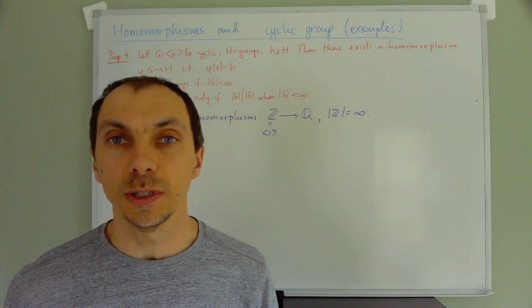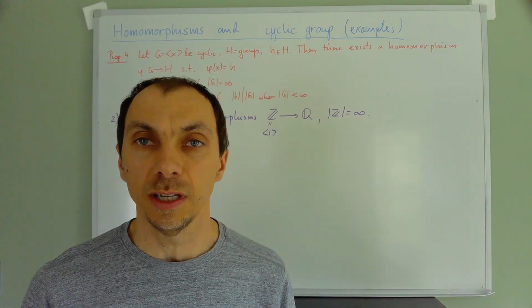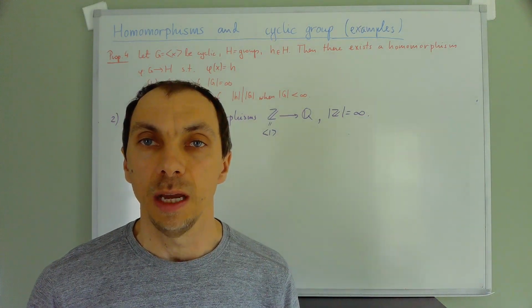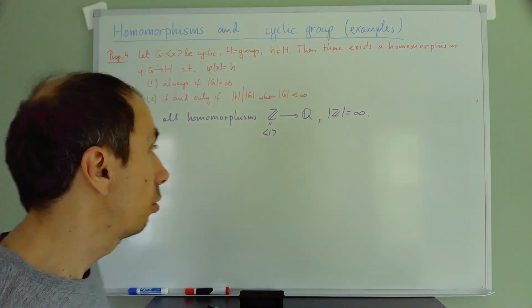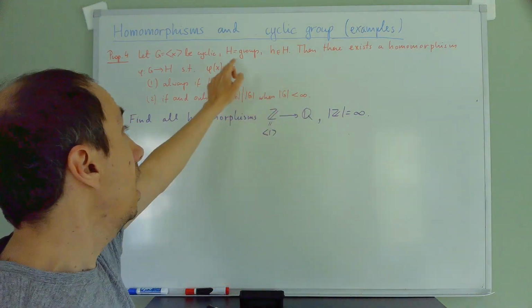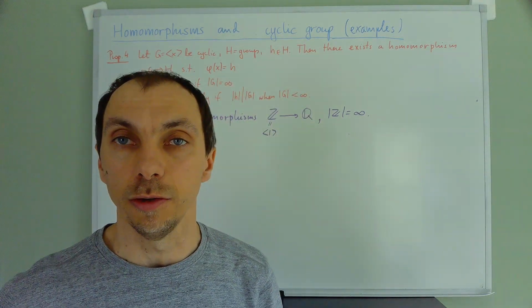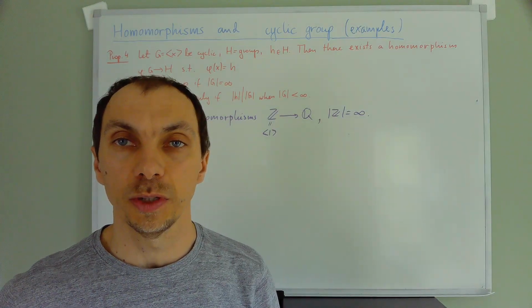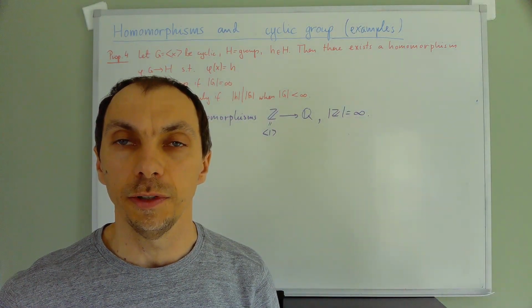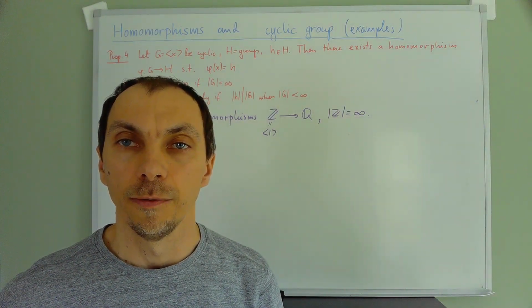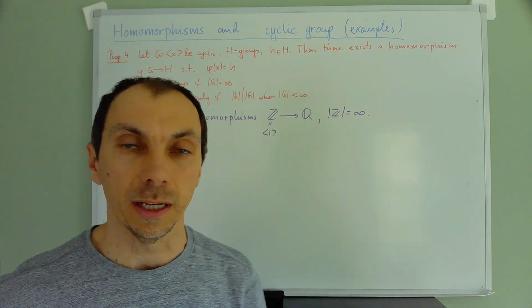So such a homomorphism always exists. When I say such a homomorphism, I mean a homomorphism that takes a generator of Z, so 1, to whatever element you pick in Q. So how many homomorphisms are there from Z to Q? Infinitely many. There's 1 for each element of Q you pick.